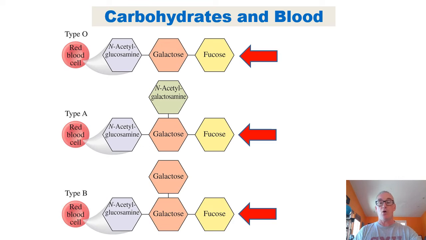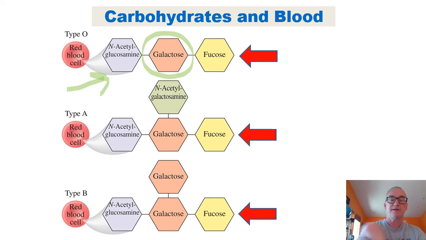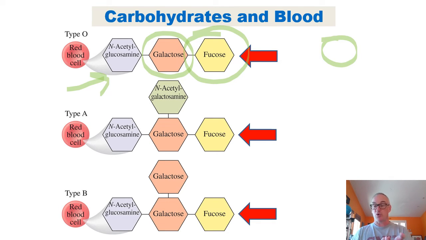So type O just has a very short chain. It has the N-acetyl glucosamine followed by galactose, followed by fucose. That's type O. So it has the shortest. It also has the basis of everybody else.